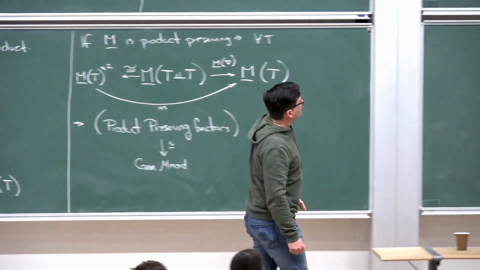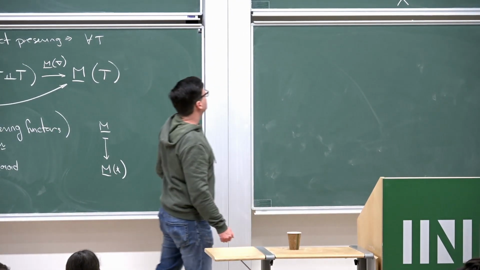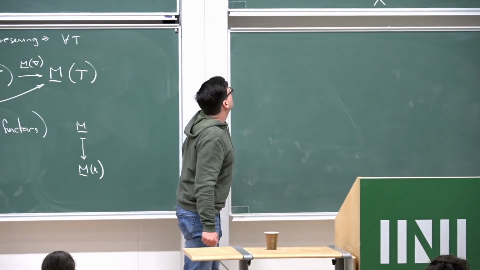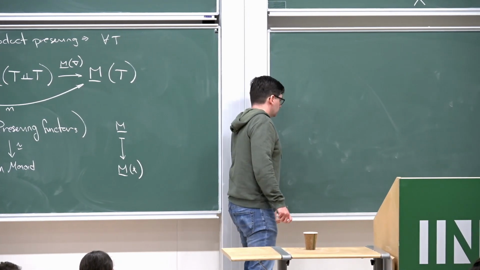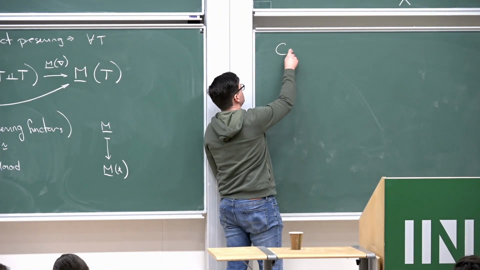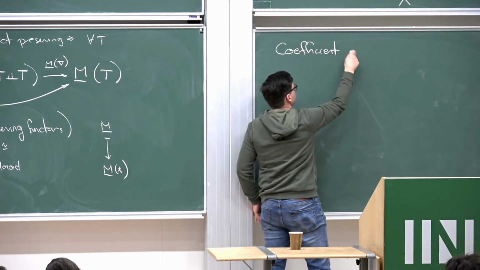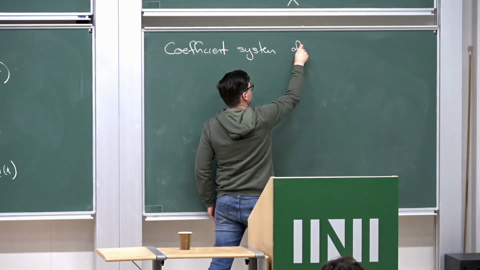What this encodes nicely is that I also have the automorphisms of G mod H acting on the value at G mod H. So I'm going to call this a coefficient system of spaces.